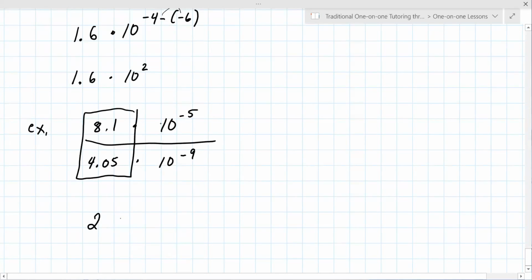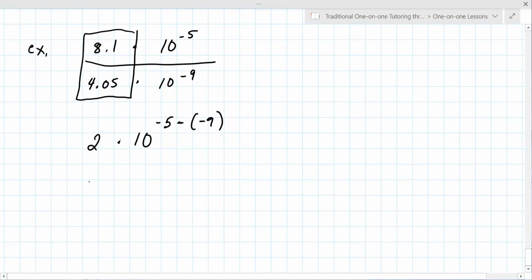Now, as I mentioned, when the bases are the same and you're dividing, you subtract the exponents. This is times 10 to the -5 minus, even though there's a minus there, you still have to subtract it, -9. So what does that become? What is the exponent up here?